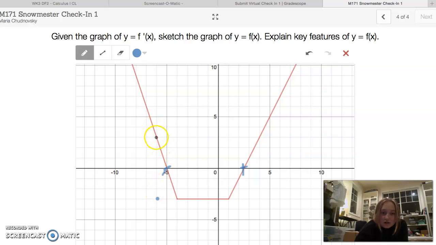Or is it down 3 over 1? So that is a slope. It is. So maybe it's like this.